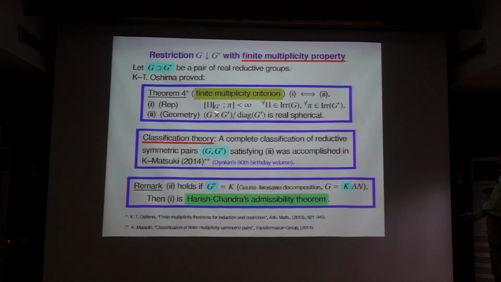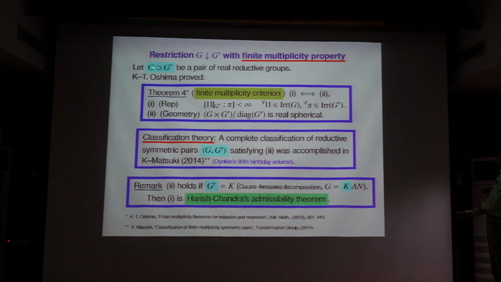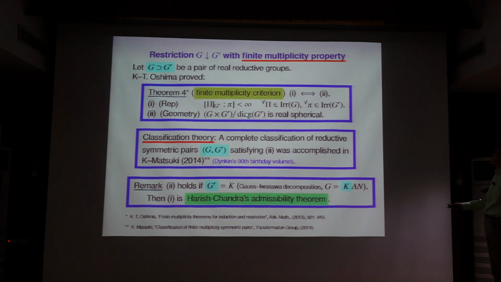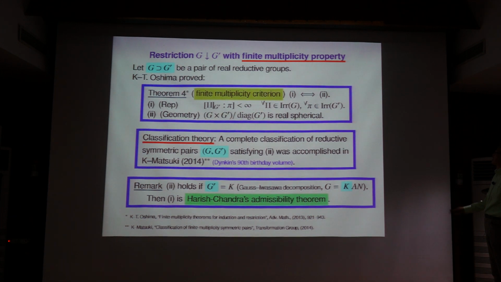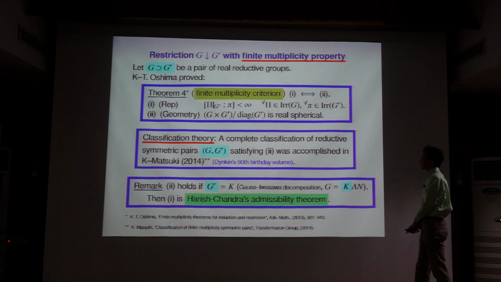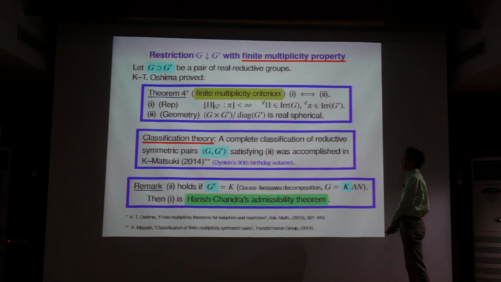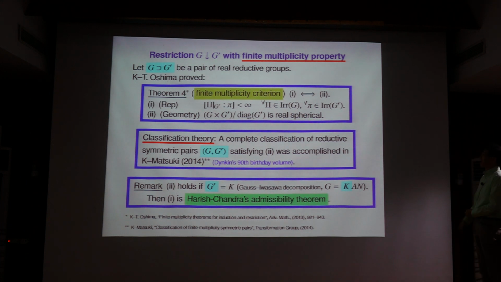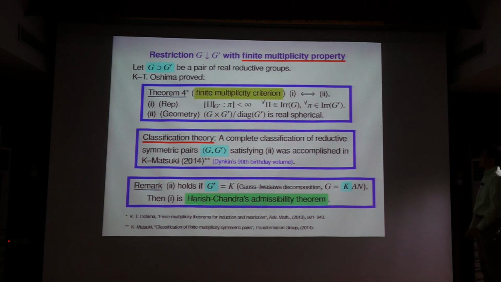And we note that even if G and G prime is a reductive symmetric pair, this condition is not necessarily satisfied. If G prime is compact, this is satisfied, but for an arbitrary reductive symmetric pair, this condition is not satisfied. And the complete classification of reductive symmetric pairs satisfying these conditions was accomplished in a paper with Matsuki, in Dynkin's birthday volume. And I noticed that Dynkin and Harish-Chandra are almost the same age. The birth year is one year different.